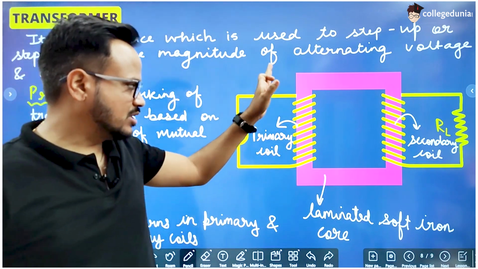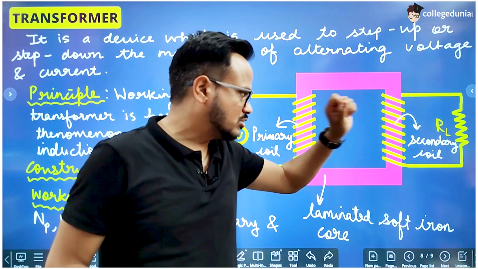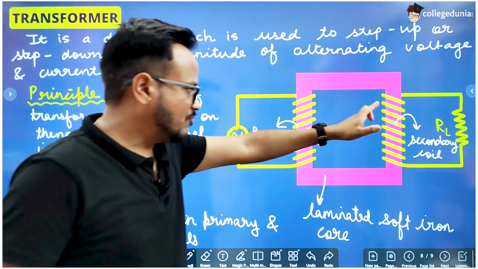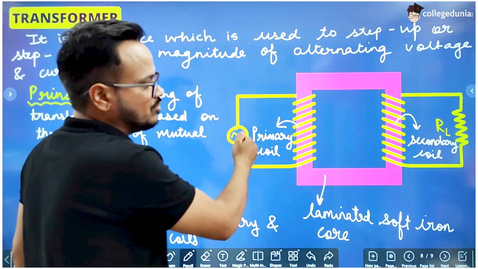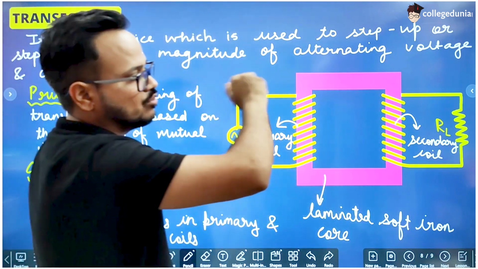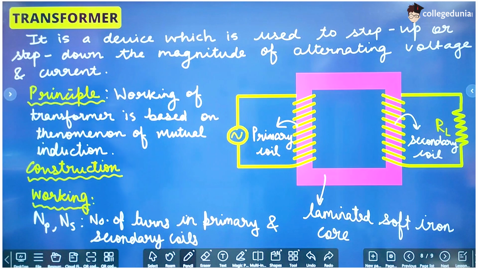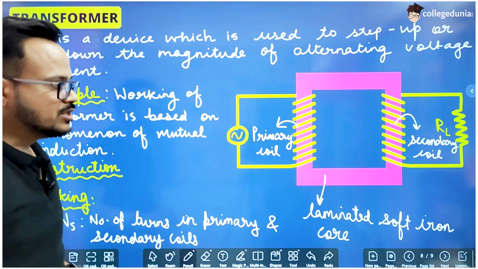So if we have applied a voltage of 10 volt, then we are going to get a voltage of 100 volt across the secondary. So this is how it works, right?